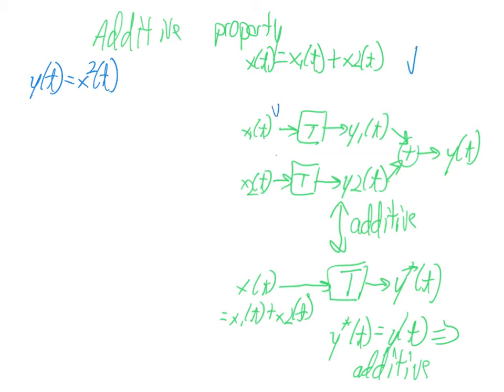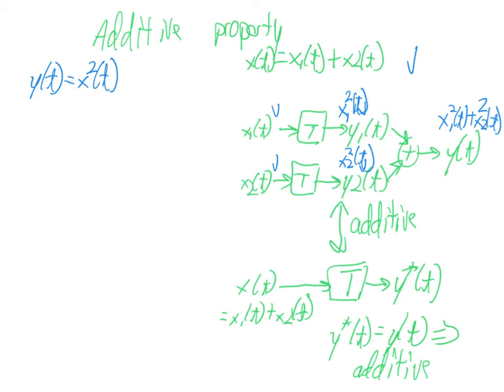So we have x1 and x2, two potential parts of our signal, and we run them through. We're going to get x1 squared of t, we're going to get x2 squared of t, and then we're going to add those two together. So our y of t is going to be x1 of t squared plus x2 of t squared. So that is the analysis assuming superposition holds.